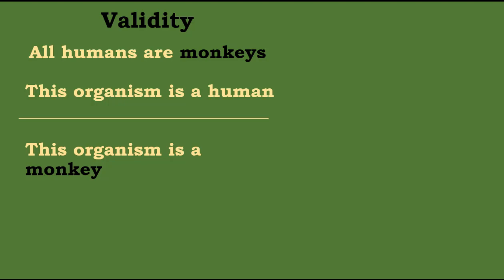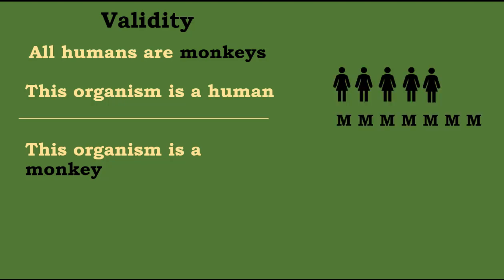And we have to assume that here I have an organism that is a human. And the conclusion is: the organism is a monkey. Is this a valid argument? Does the conclusion follow from the premises if the premises are true? It does, because it has exactly the same structure as the previous problem, and therefore it should be valid.